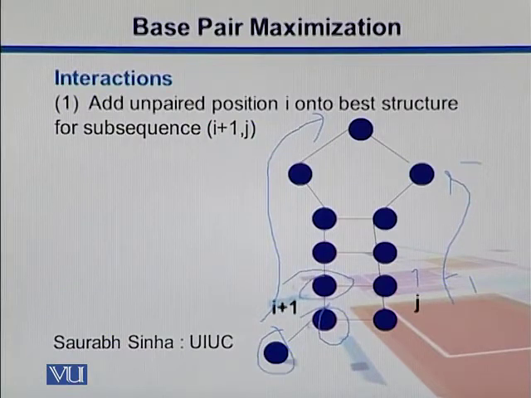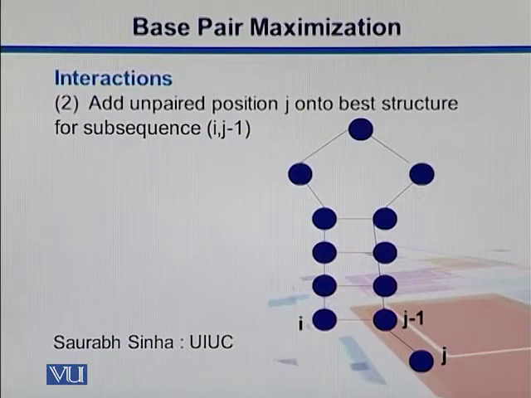Right now, for example, we try to pair i, but we found that it does not pair. So we leave it unpaired, and now we try to pair i plus 1 with j. We are adding this unpaired position i into the best structure.